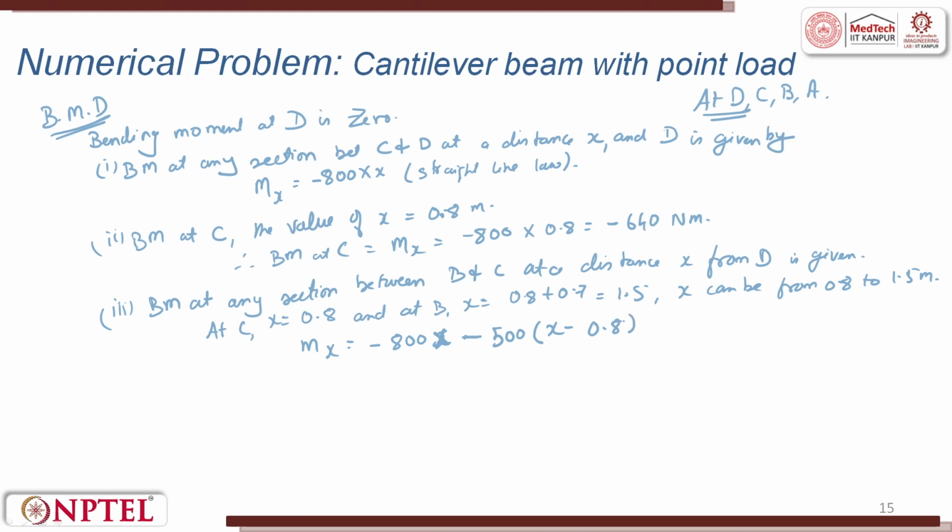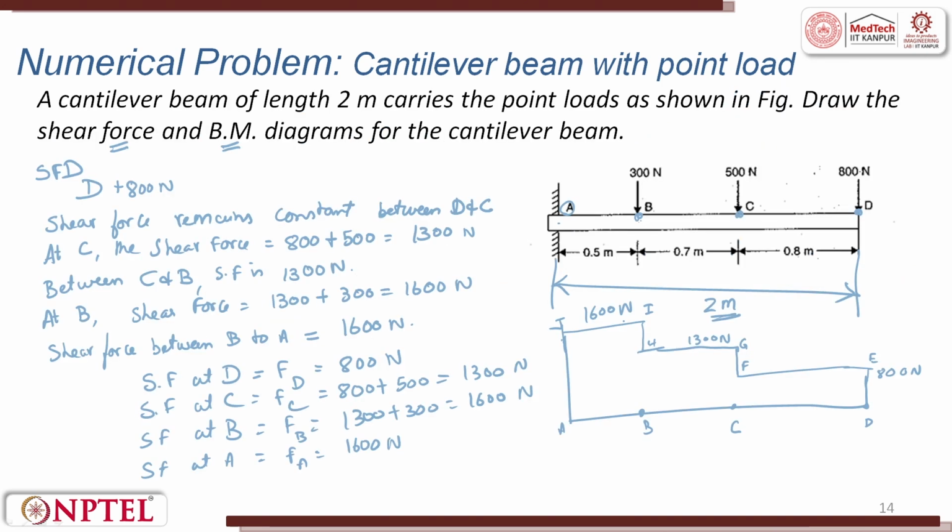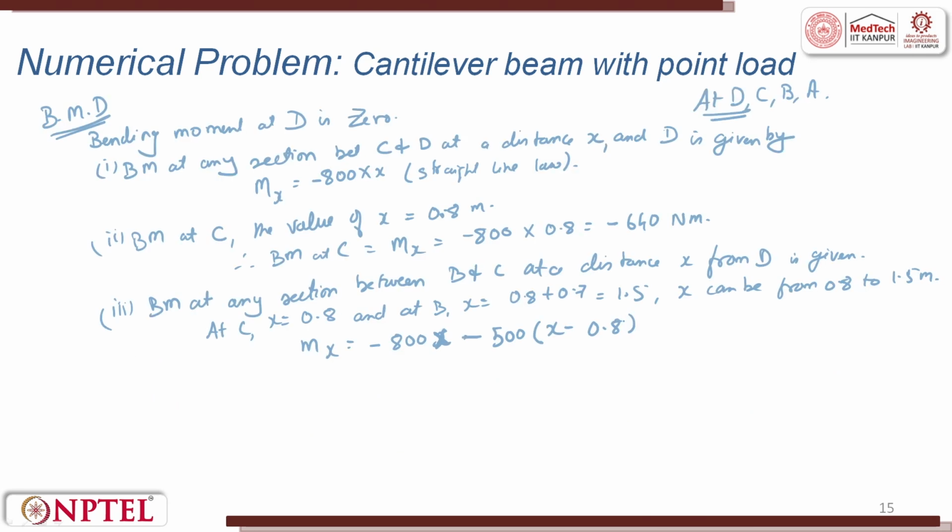So, at any section between B and C, at a distance x from D, at C it is this and at B it is 1.5 meters. So, x can be anywhere from 0.8 to 1.5 meters. So, the moment which is calculated will be 800 x minus 500 into x minus 0.8, because it is in that range.